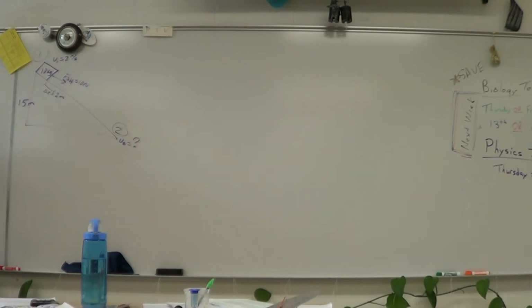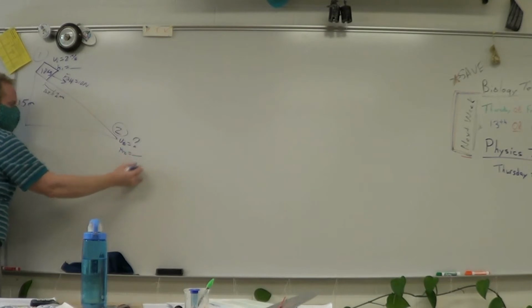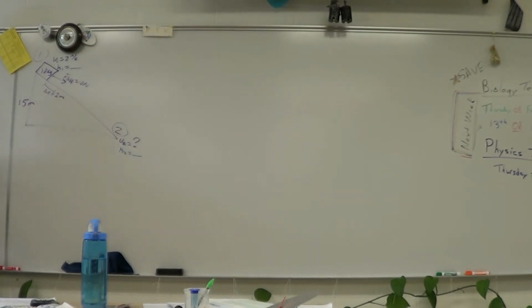So it's a two-location problem. Because it's a two-location problem, we should be looking for some two-location stuff like v's at location 1 and location 2, h's at location 1 and location 2, and spring stuff at location 1 and location 2.